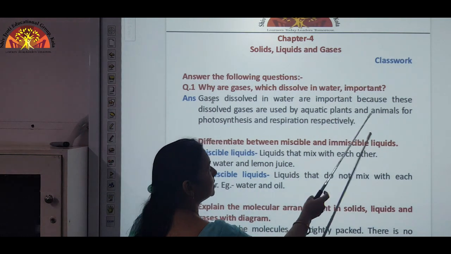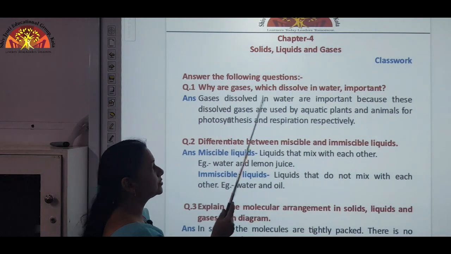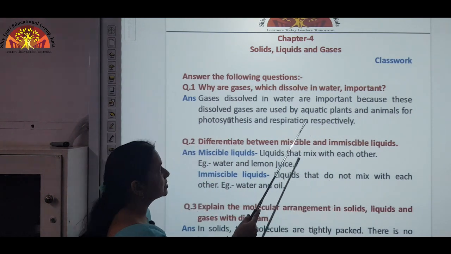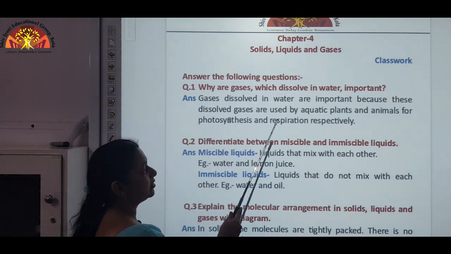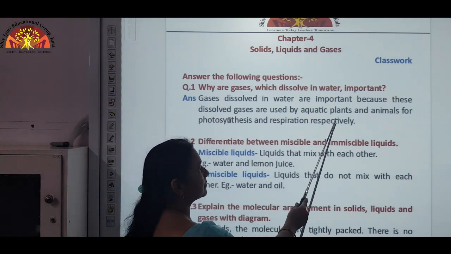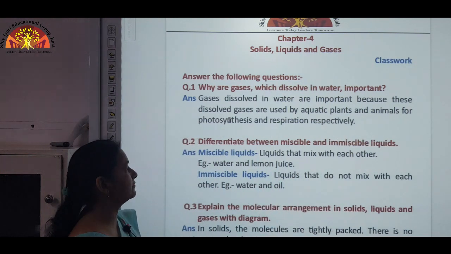Plants need carbon dioxide for photosynthesis and animals need oxygen for respiration. So, the gases which dissolve in water are important for aquatic plants and animals for photosynthesis and respiration respectively.